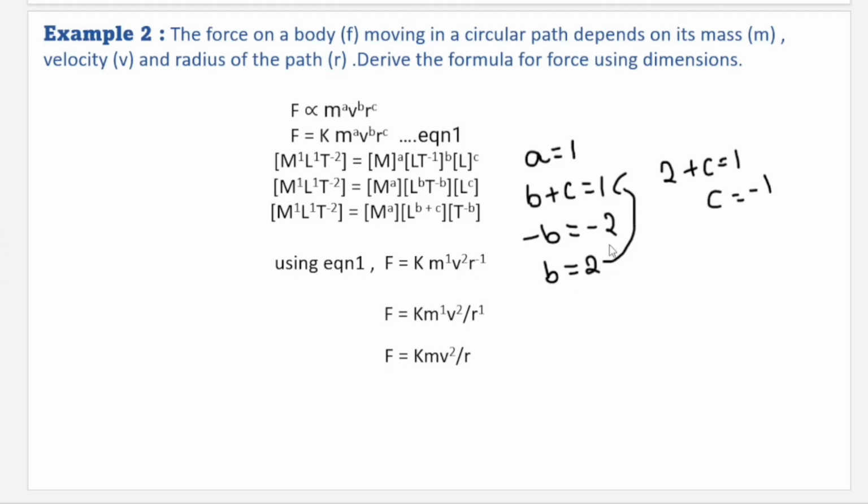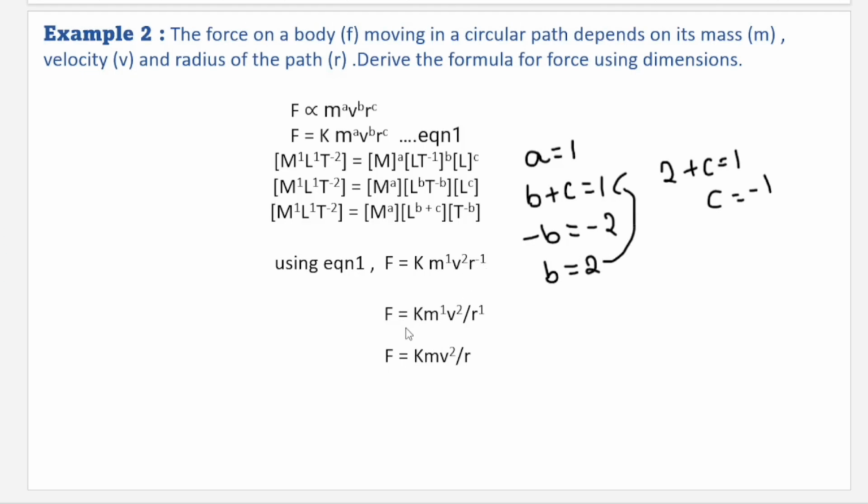Using these values, we'll put here. So using equation 1, F is equal to K M, a is 1, so M1, V, b is 2, so 2, then R, c is minus 1, so minus 1.